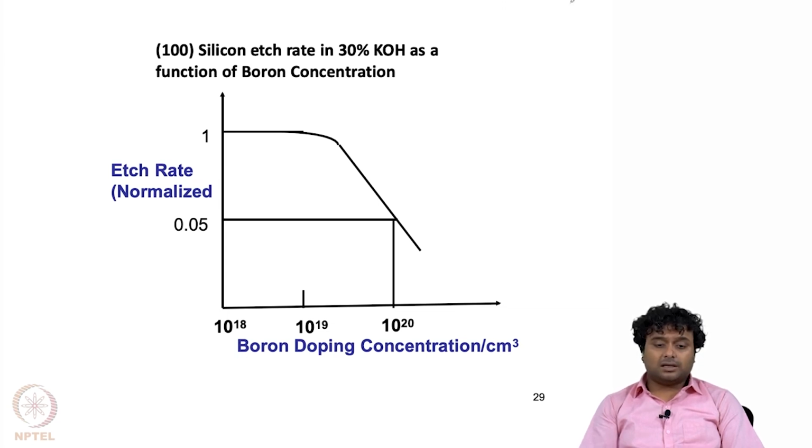You can see here that this is normalized with respect to the maximum etching rate, and it stays at 1 till a certain doping concentration, but after that it drops down drastically. So we can also just dope boron in certain regions to reduce the etching rate in those regions. Then that will act as a masking layer.